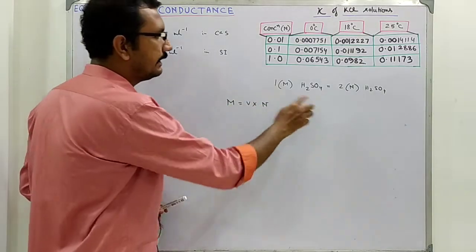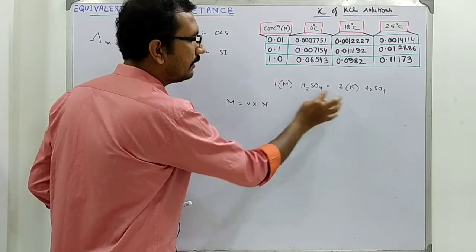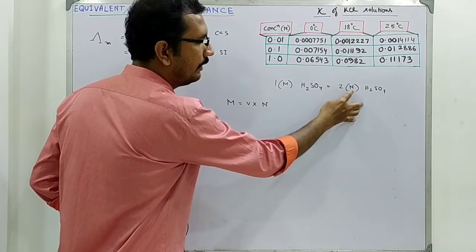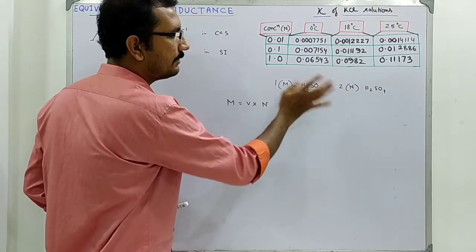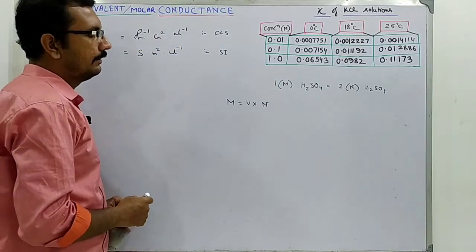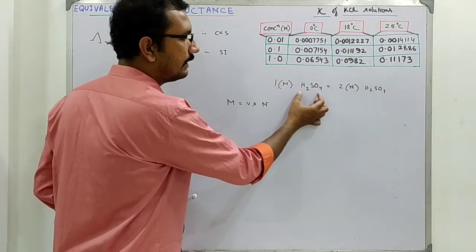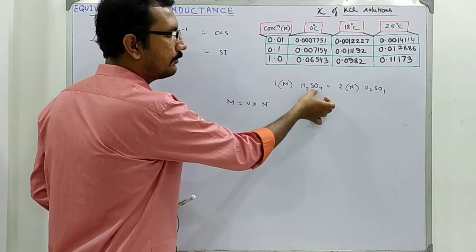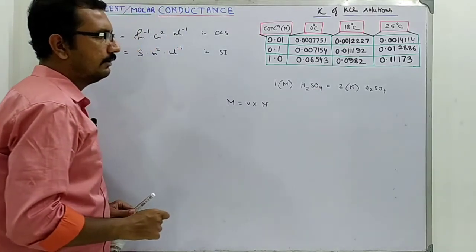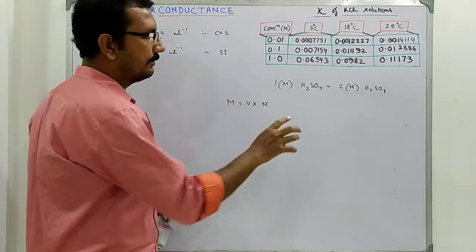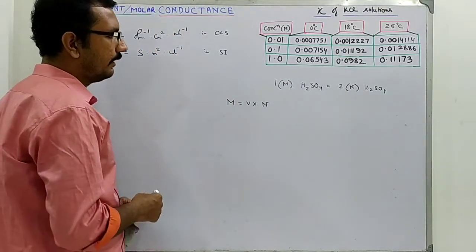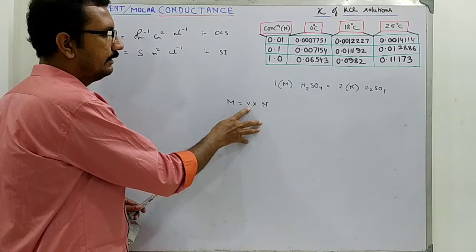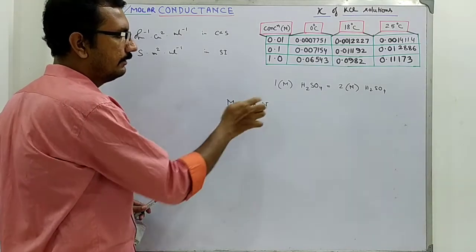You are observing that molar equals normality into valency, that is, here the acidity of sulfuric acid, the number of H plus ions released by H2SO4 in aqueous solutions. So, actually it is referred to as the basicity of sulfuric acid. So, the basicity is 2 here, that is the valency, but this is not true.